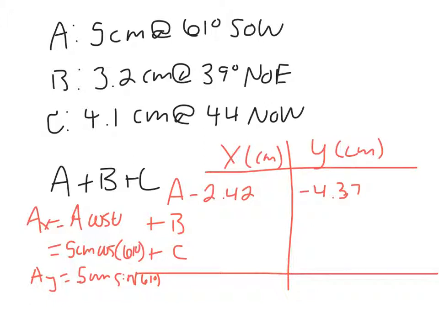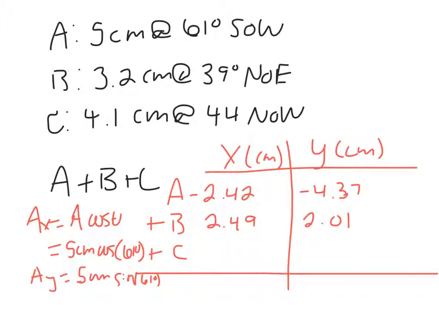So the x component of B would be 3.2 times the cosine of 39 degrees. This rounds to 2.49. And the y component of B, 3.2 sine 39 degrees, is 2.01. This is north of east in the first quadrant. Both of those numbers are positive.